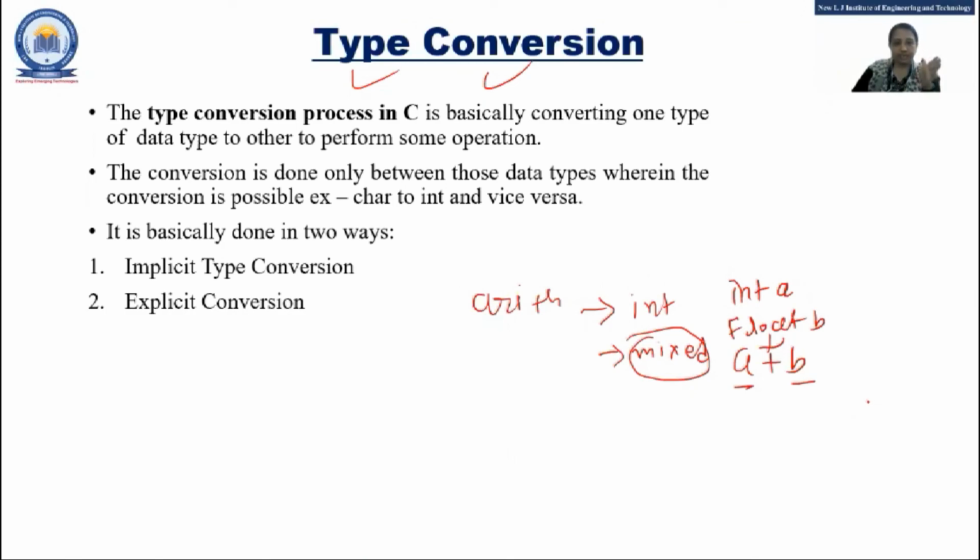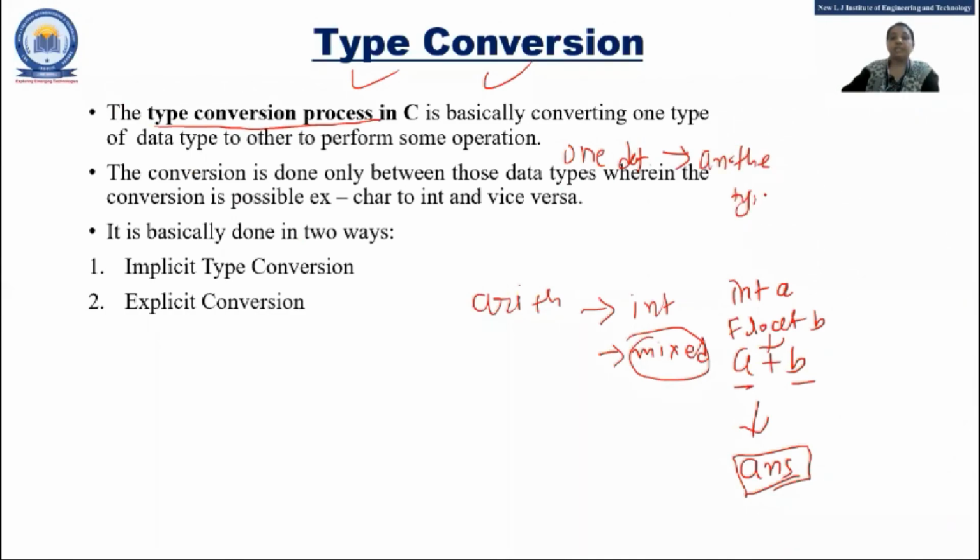Can you get it? Then what should be the answer? At this time you have the concept of type conversion. Type conversion means one data type is converted into another data type.